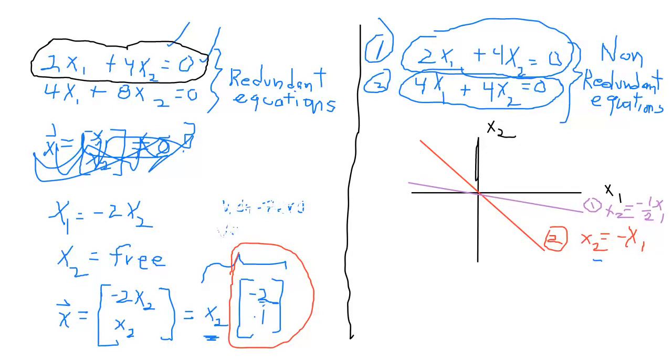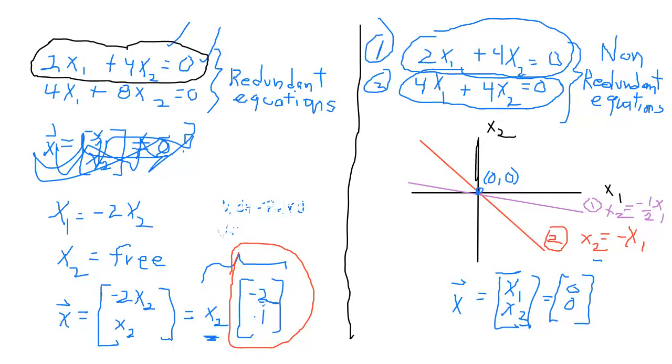And so indeed, the only solution is the origin. So in this case, the vector x, which consists of x1 and x2, is the trivial solution.